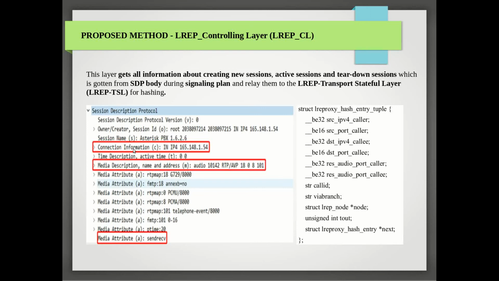Some important information is surrounded with a red rectangle, for example connection information in IP4, the media description name, audio, and its address, and the type of media, send and receive media. This information is cited with this structure and sent to the second layer.